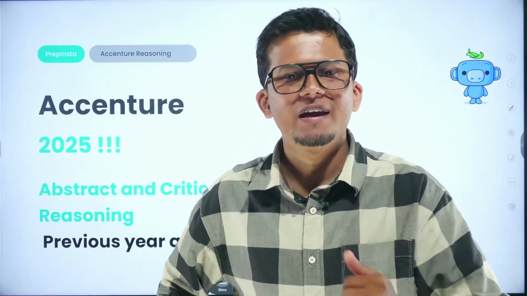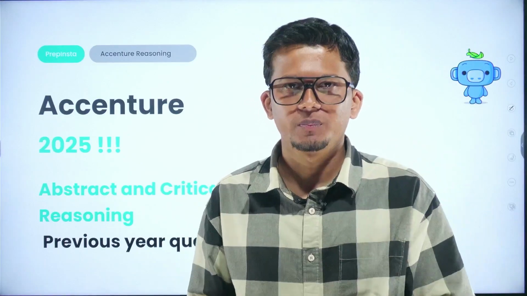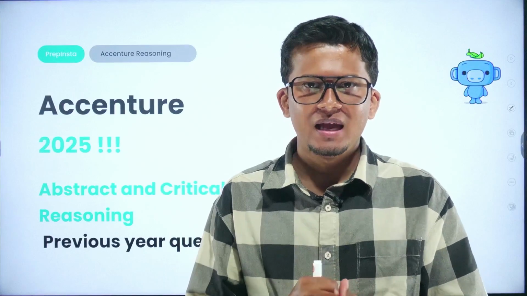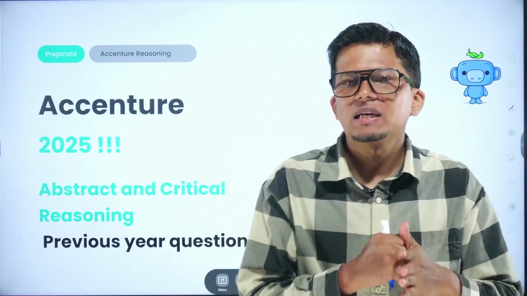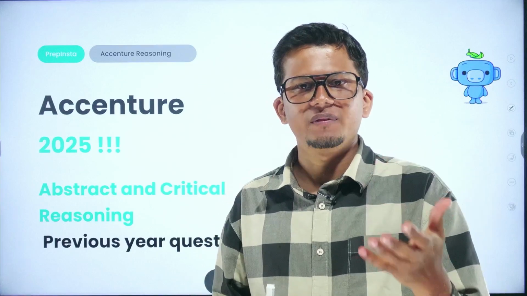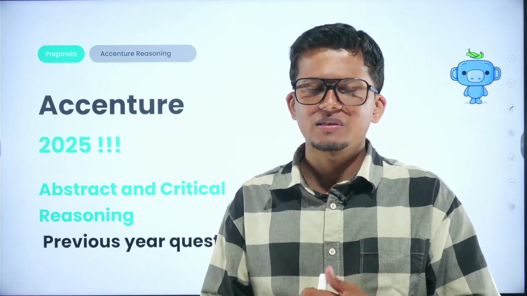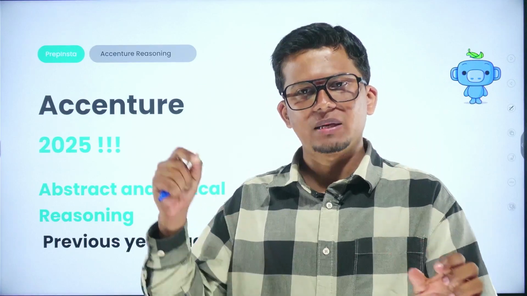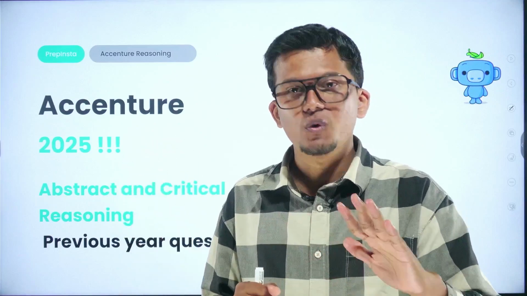So you must be very familiar that Accenture is going to come in the upcoming month, and clearing the particular assessment examination of Cognizant is one of the easiest tasks comparatively to other companies, because there is no quants part.